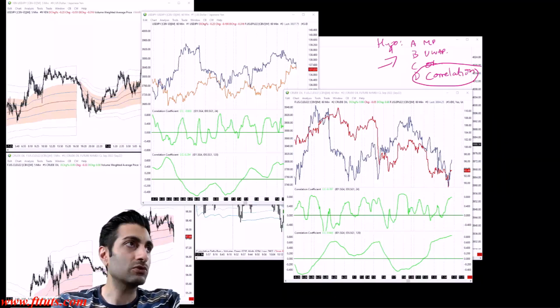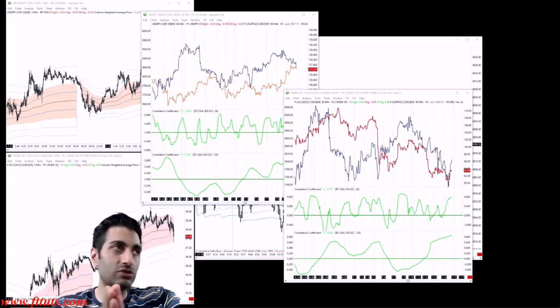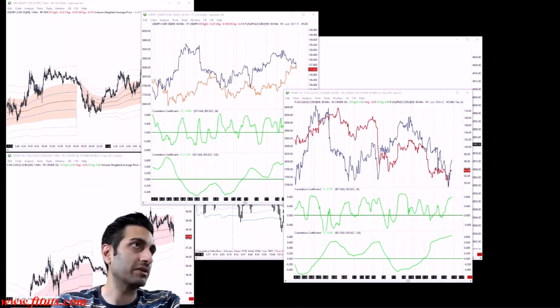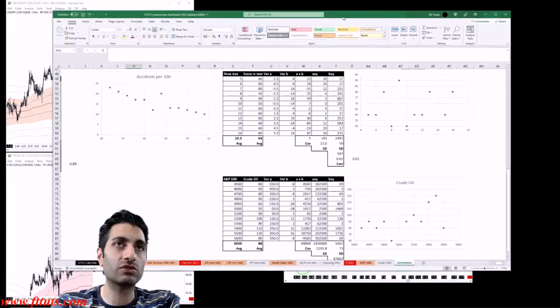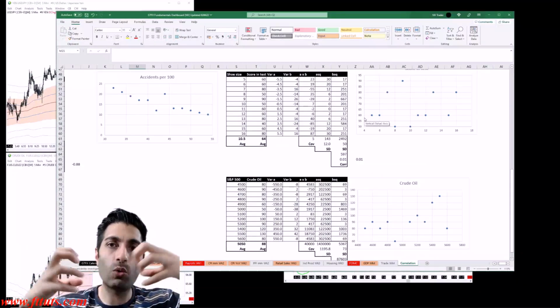So very, very important for you to know, and there's a reason I'm doing it: I don't want you to get distracted by order flow, by this, by that. I'm purely interested here in covariance. I'm not interested in volume, I'm interested in price covariance.